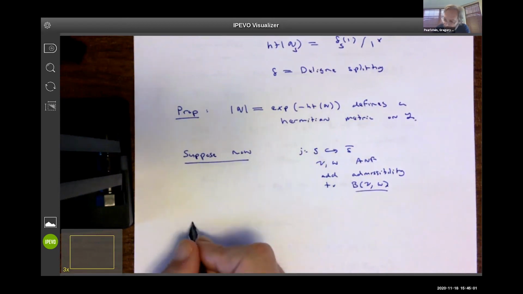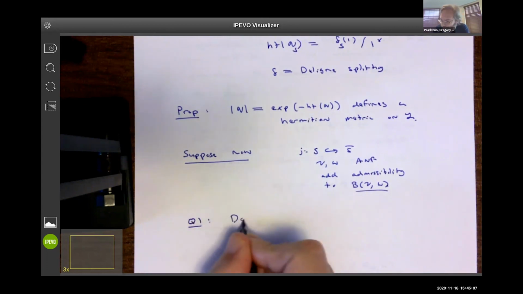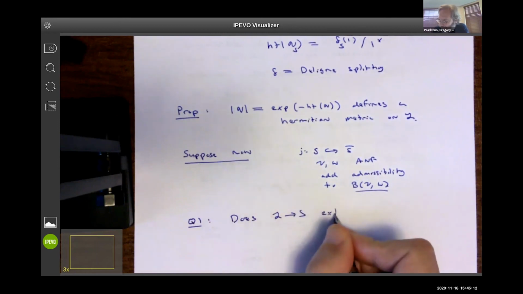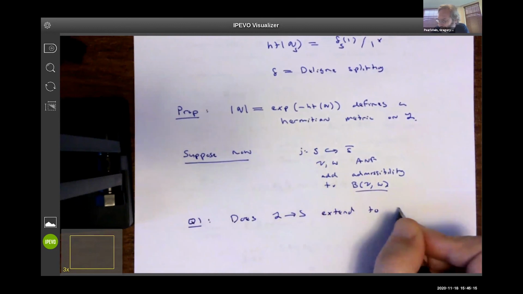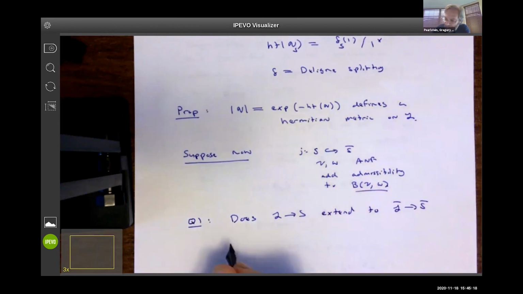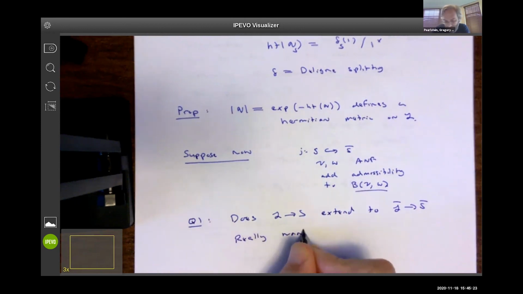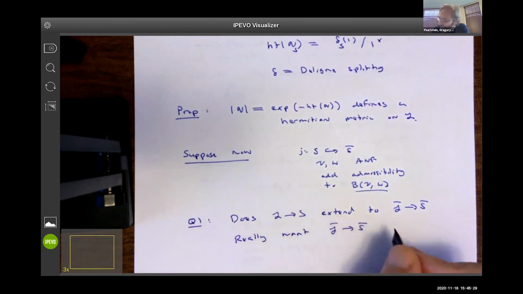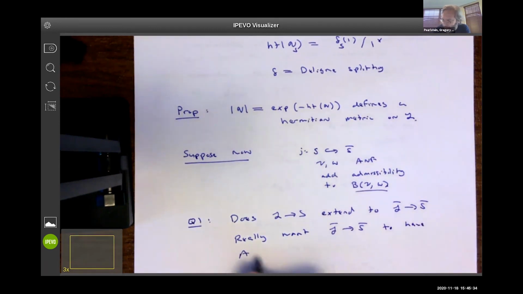And so our first question, question 1, is: does L over S extend to L bar over S bar? And what I really want is that I want this extension L bar over S bar to have admissible variations of mixed Hodge structure of biextension type as the local non-vanishing sections.